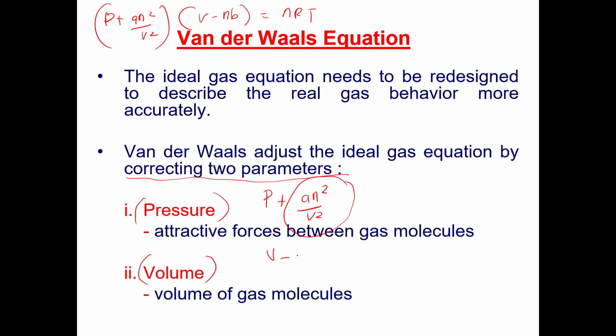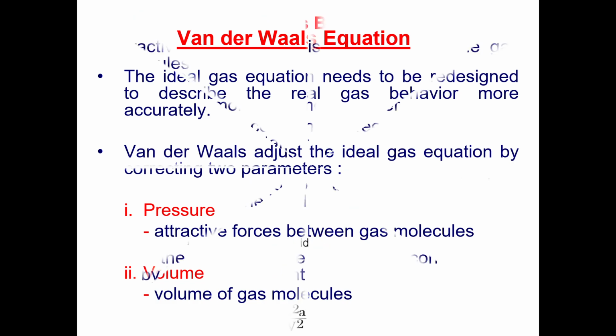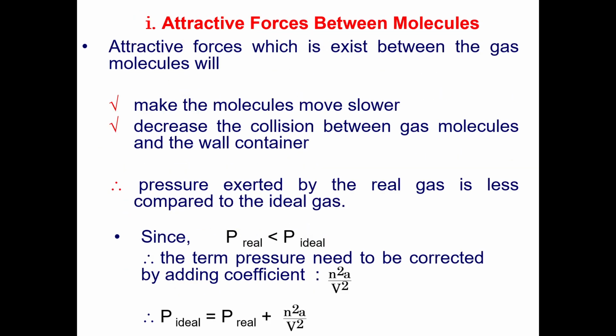So untuk volume, kita ada this factor. Okay, so after this kita akan explain kenapa untuk pressure kita perlu add this an square over V square dan untuk volume kita perlu minus. So attractive force, okay, tadi kita akan correct untuk pressure. So untuk ideal gas, kita anggap no attractive and repulsive force because the gas move faster.